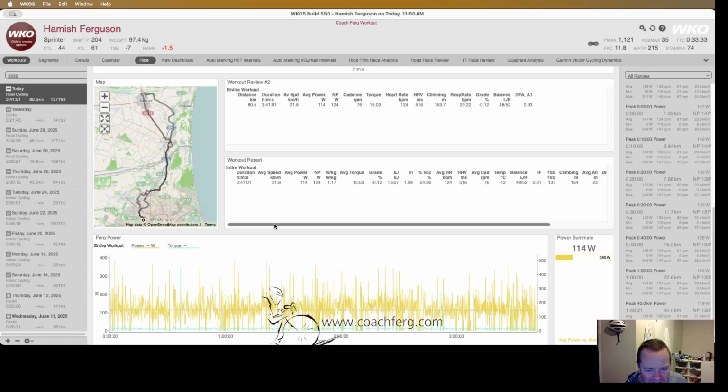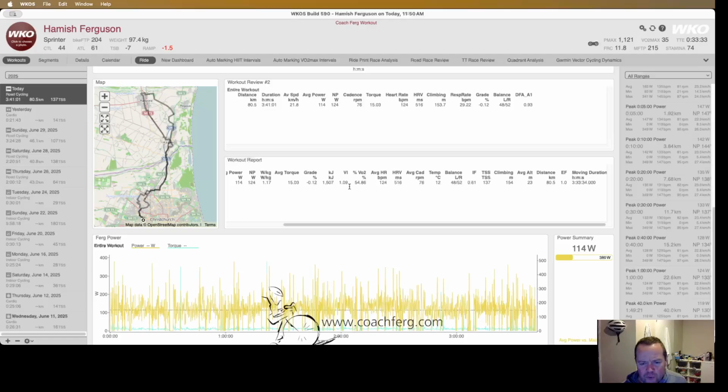Some of the other things there, 1500 kilojoules burned, variability index, normalised power divided by average power, 1.09, so a bit of variability, but there's a little bit of incline here and there.